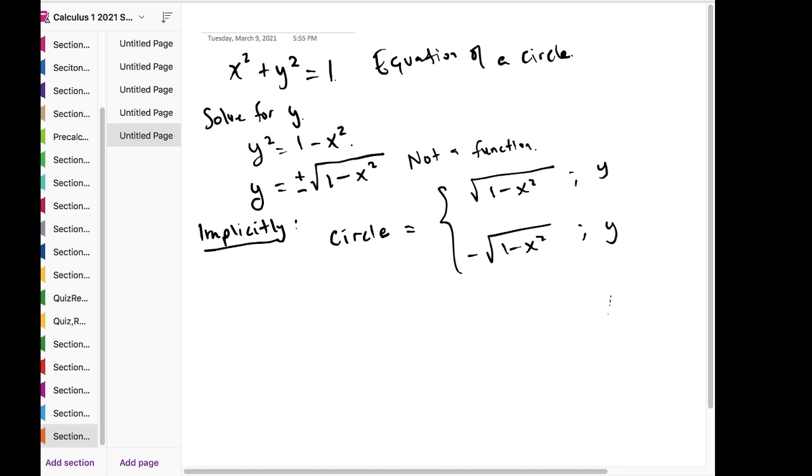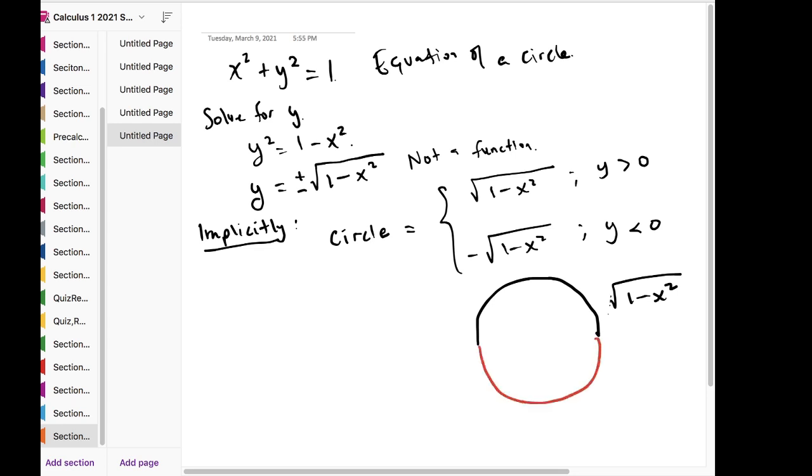When y is greater than 0, we look at this function, the square root of 1 minus x squared. When y is less than 0, we look at this function. So that's why we have the two semicircles. So this one is the square root of 1 minus x squared, and this one is negative square root of 1 minus x squared. So these are the implicit functions.